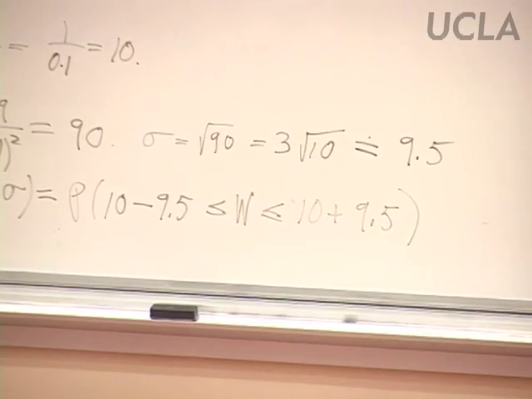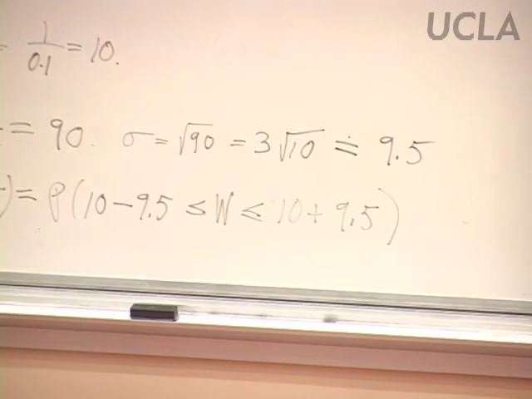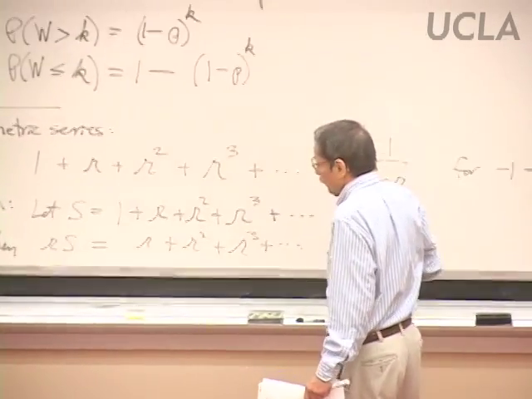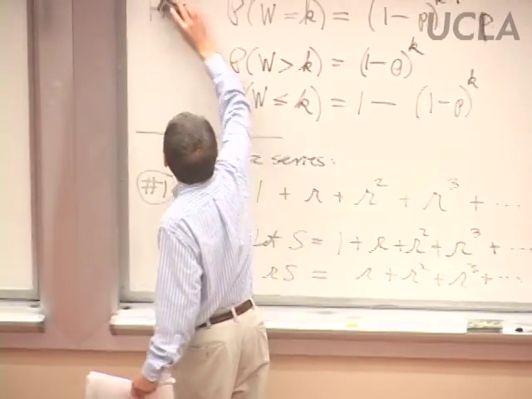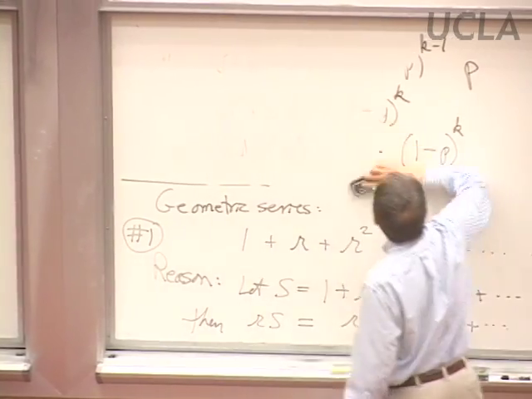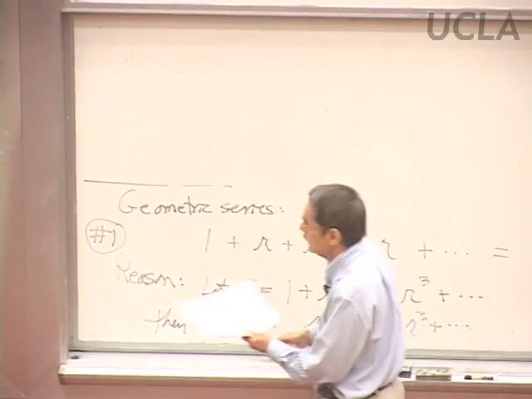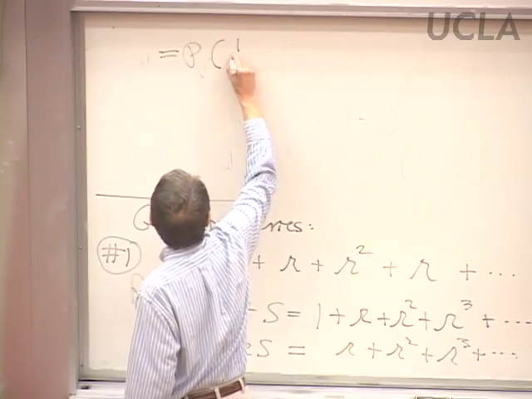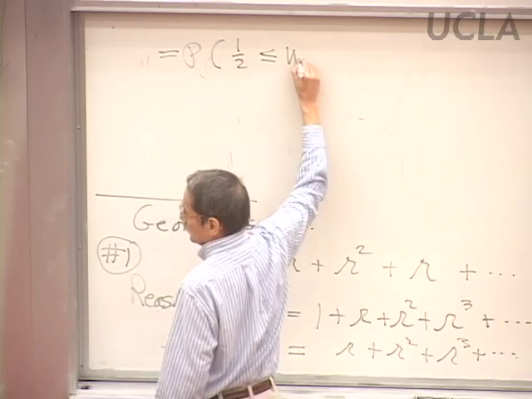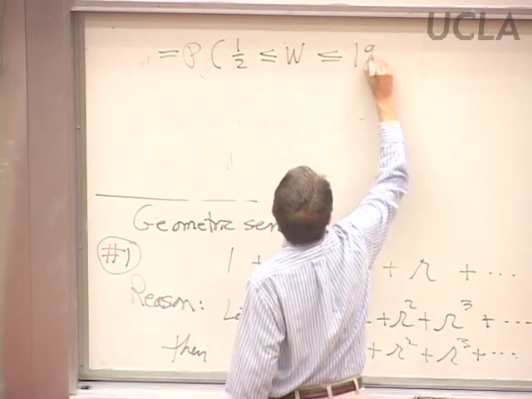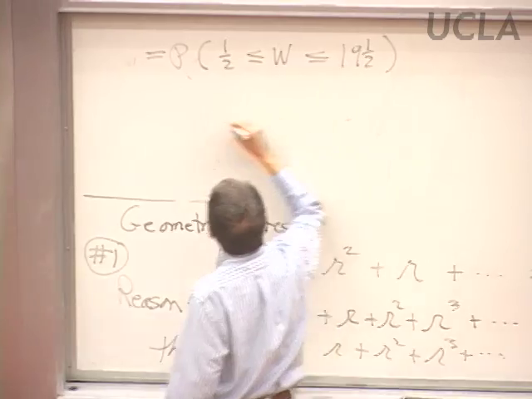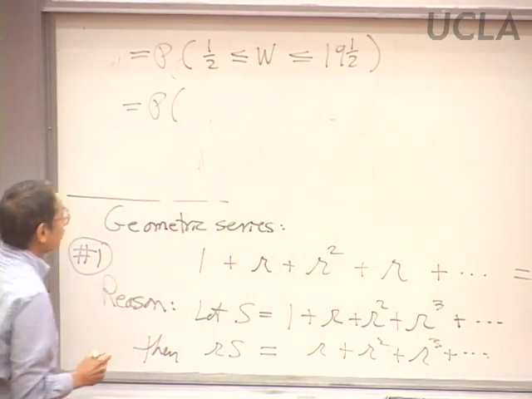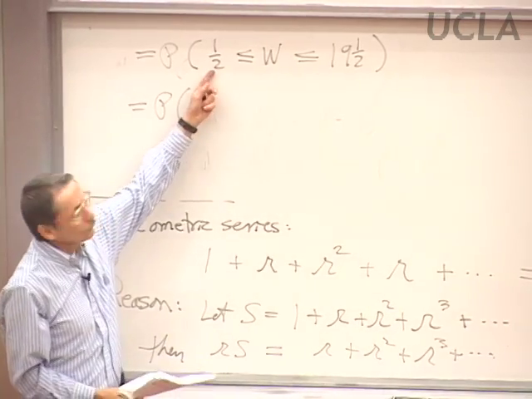Well, of course, W can only be a whole number. So this simplifies. First, let's do the arithmetic. This says W is between 1/2 and 19.5. Yeah, but W is always at least 1/2.